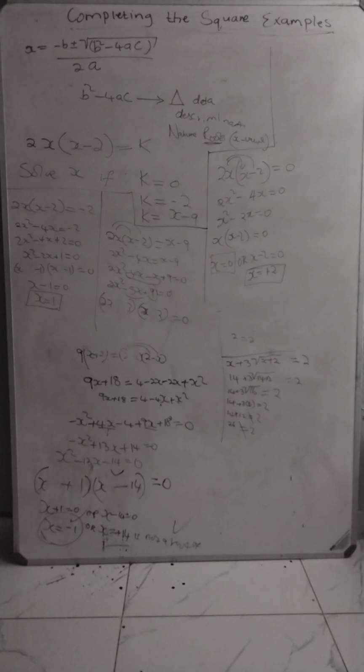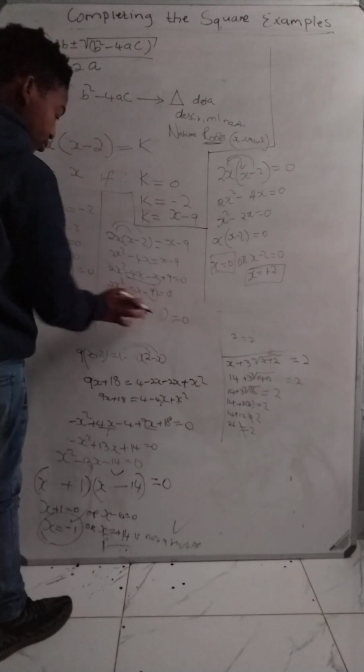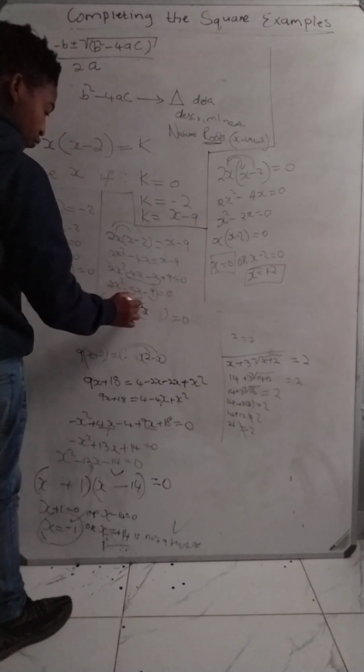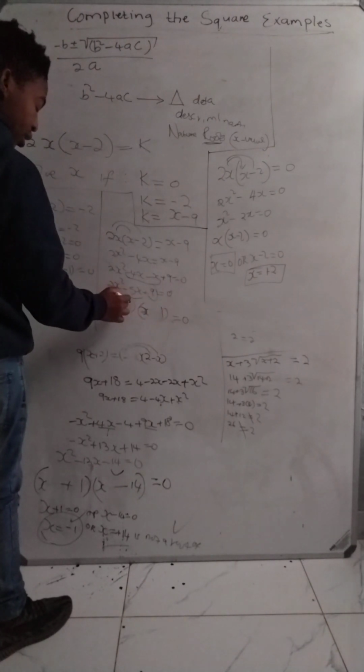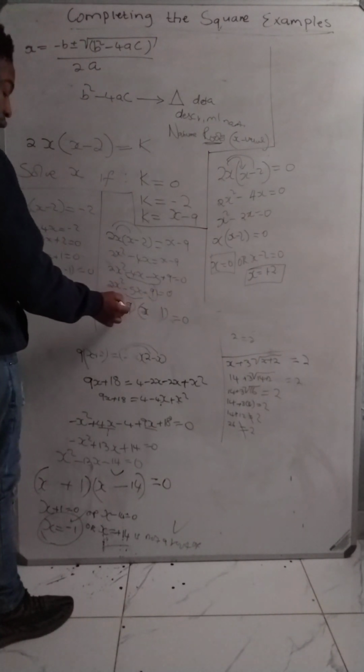So if we take 9 and 1, if we have 1 this side and 9, still we're not going to win, because 9 minus 2 is 7.